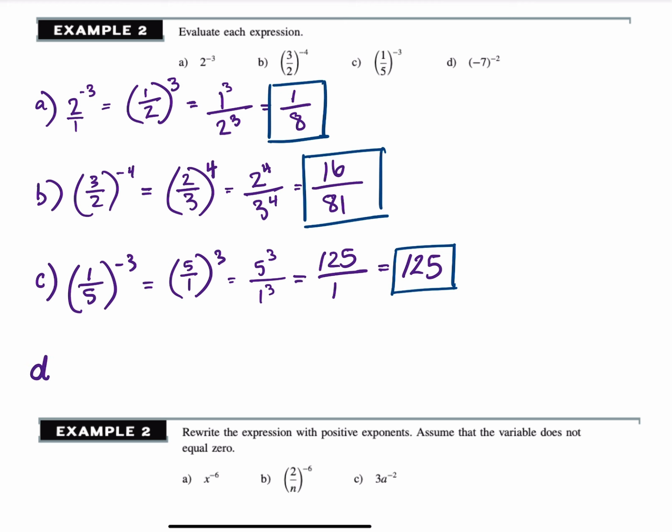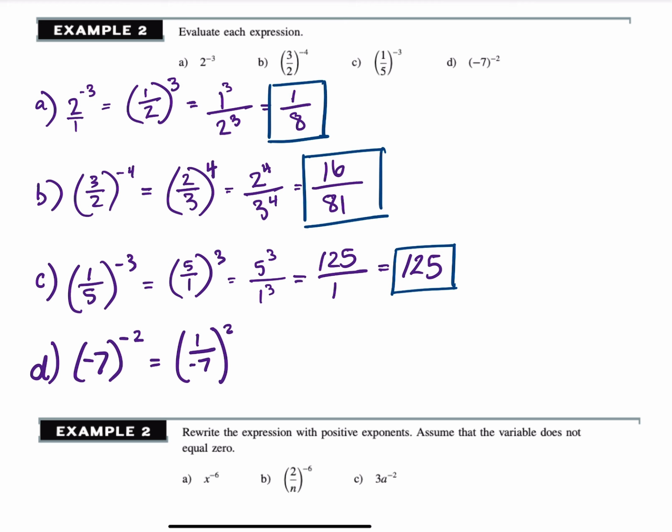And then part D, we have negative 7 to the negative 2nd power. So the negative is inside the parentheses, so it will be applied to the power. So we'll just flip the fraction. That's like negative 7 over 1. So 1 over negative 7 to the positive 2nd power.